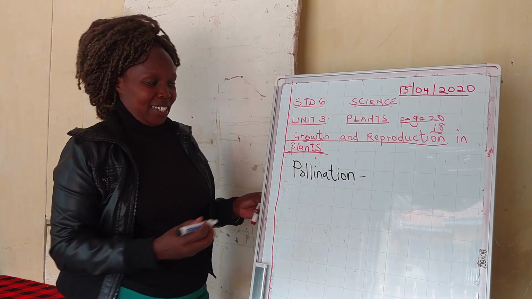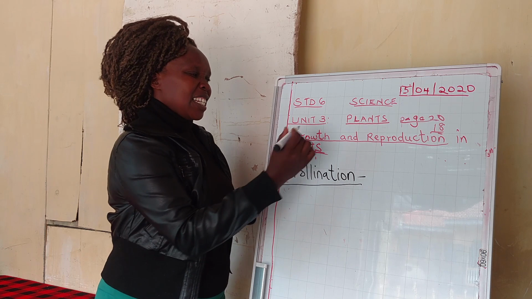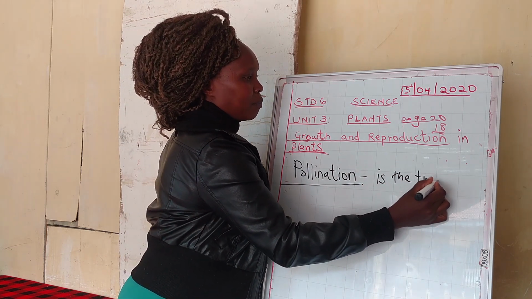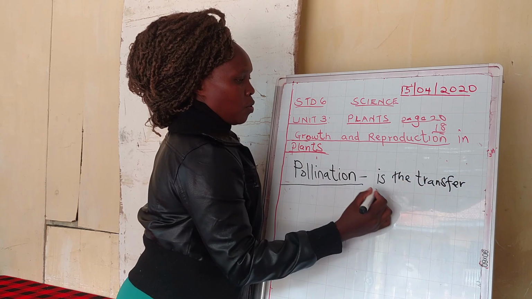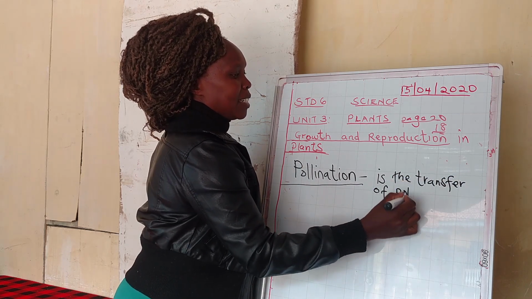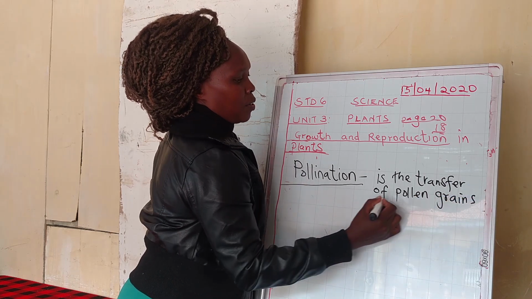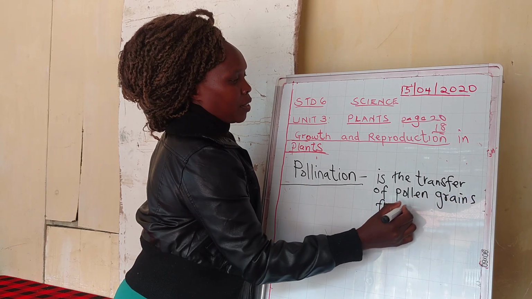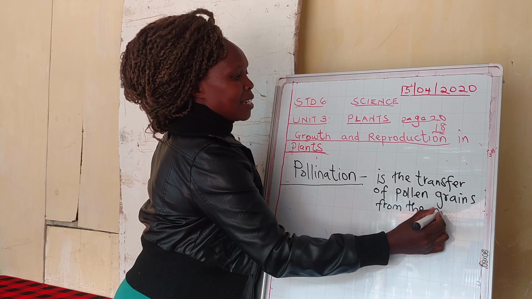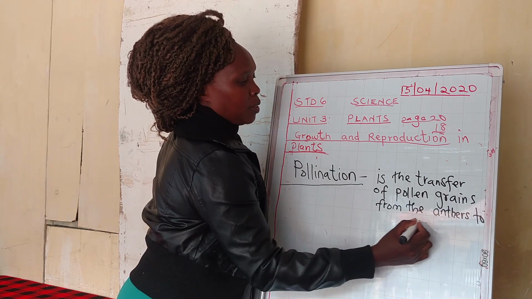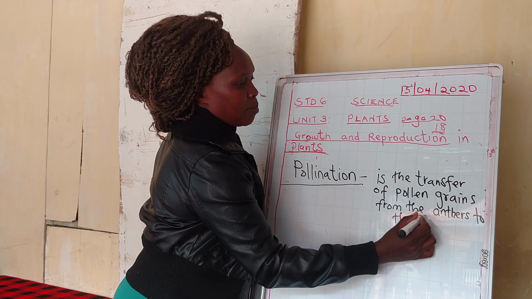What is pollination? Pollination is the transfer of pollen grains from the anthers to the stigma.